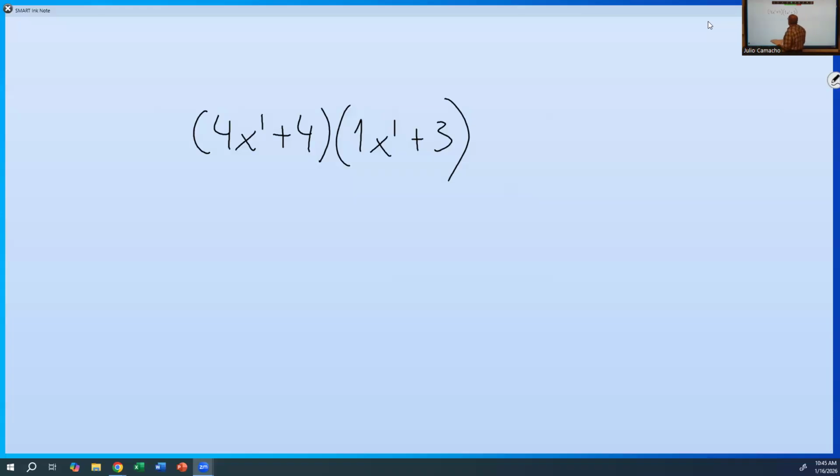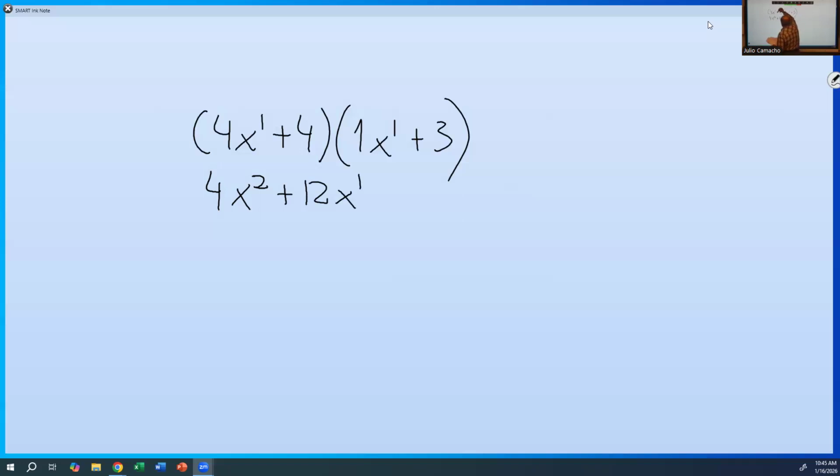So let's do that. Again, when we multiply, only the numerical part: 4 times 1 is 4, both are positive, and you add the powers: 1 plus 1 is 2. Then you multiply 4 times 3, which is positive 12, x to the 1 because there is no variable there.